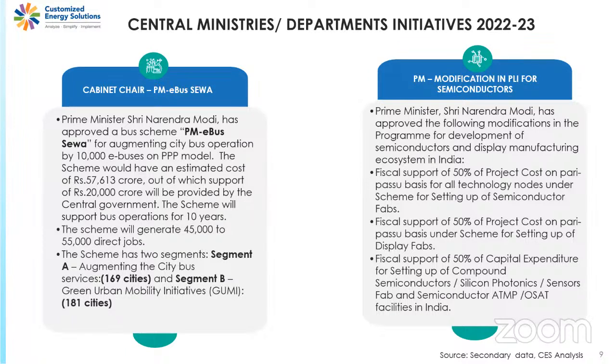Similarly, another 50% support would be provided for setting up display fabrication, and again 50% of capital expenditure for setting up compound semiconductors, silicon photonics, sensor fabrication, and semiconductor ATMP and OSAT.